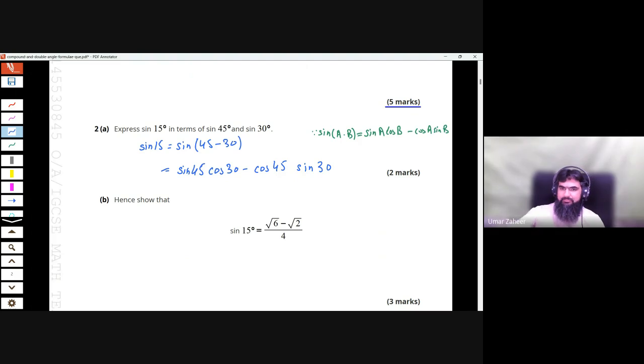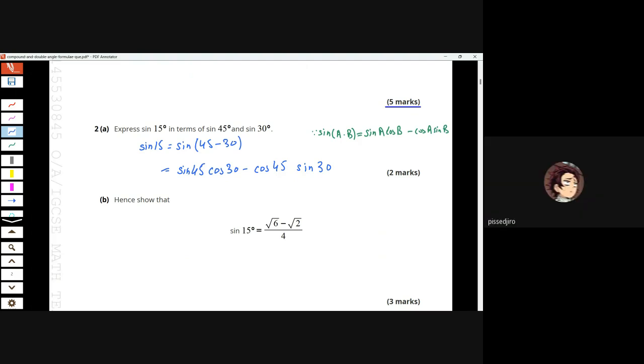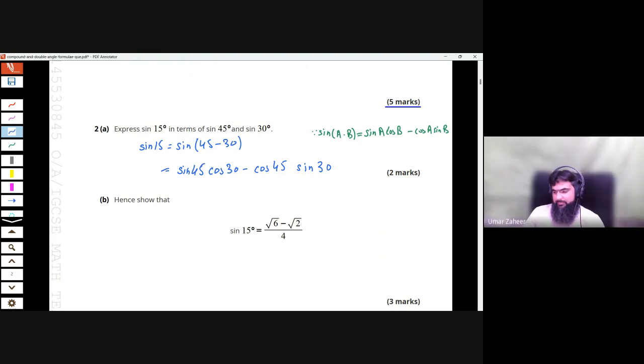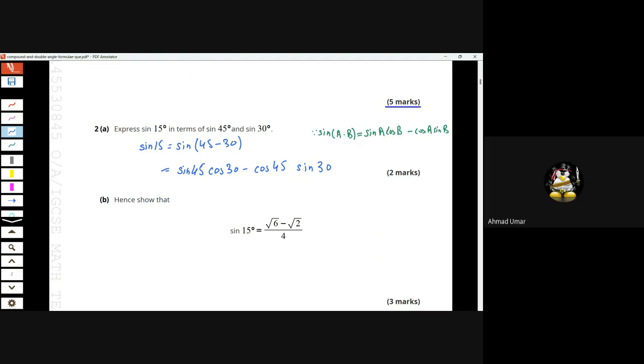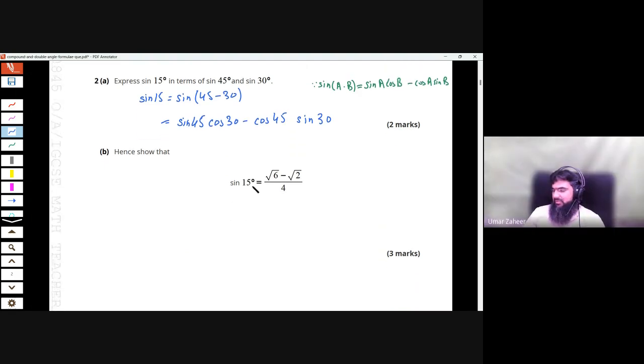Yes, it is clear. Yes, sir. Yes, Ahmed, Aisha. Yes, sir. Right. It says that you have to find sine 15 degrees. We already know the values of sine 45 and 30.